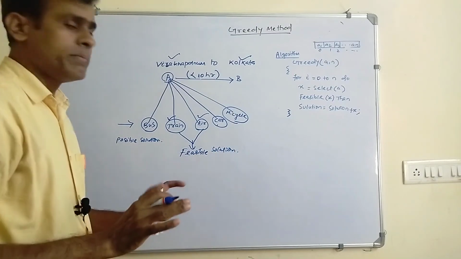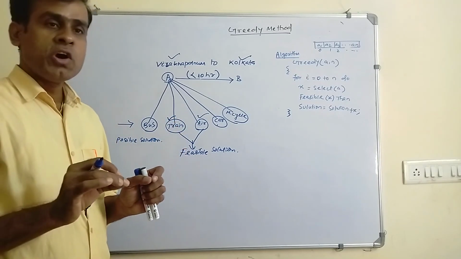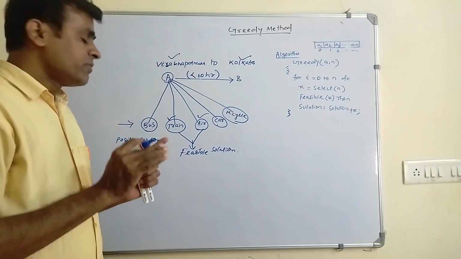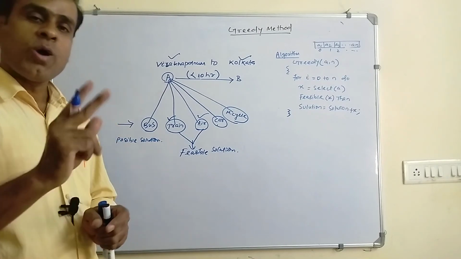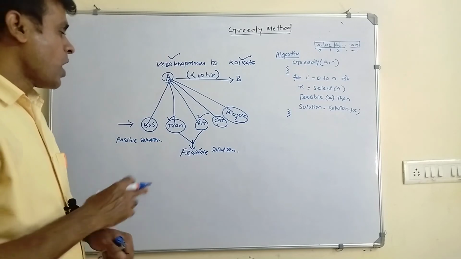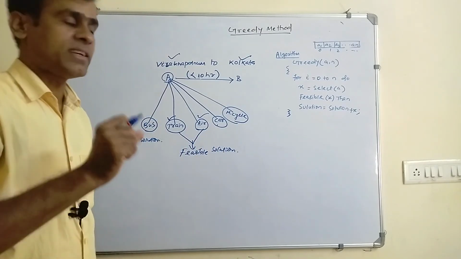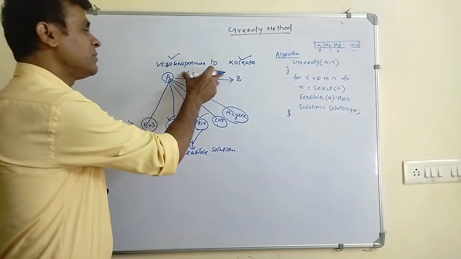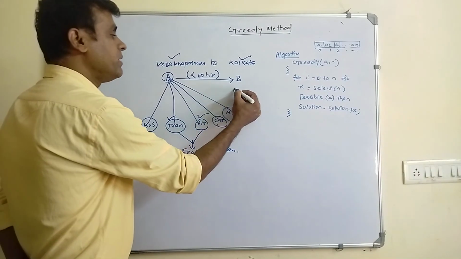So one problem has many feasible solutions, right? But out of these feasible solutions, one solution may be an optimized solution under certain conditions. Suppose I tell you that you will go in less than 10 hours, but with minimum cost.